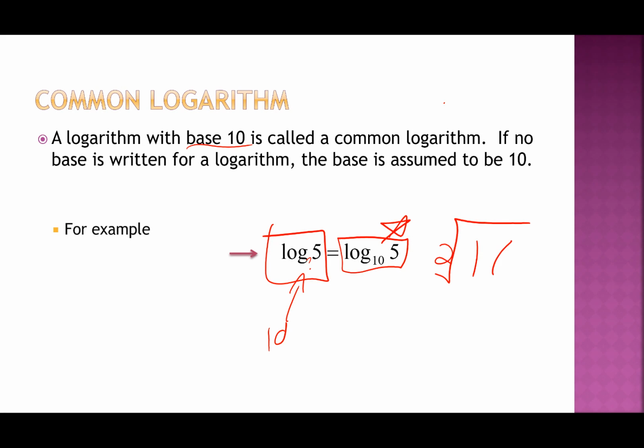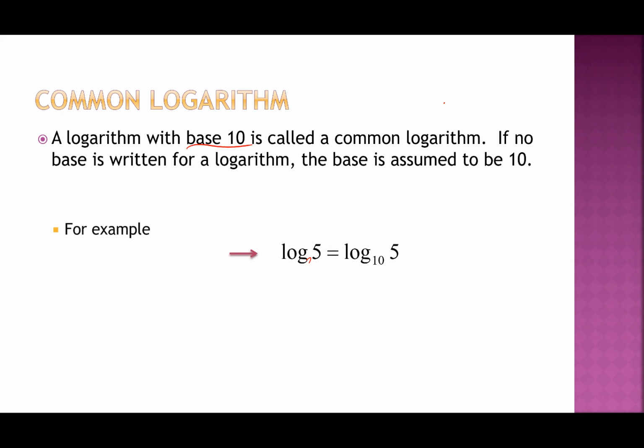No one ever really writes the square root with the 2 there, so no one really writes a common logarithm with a 10 there. It's sort of just a given that we all kind of know it exists. So yeah, common logarithm. If you ever see a logarithm that doesn't have a base, okay, no base here, that means that the base is 10, okay?